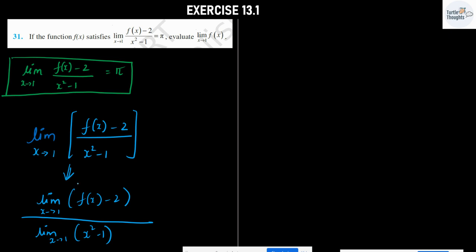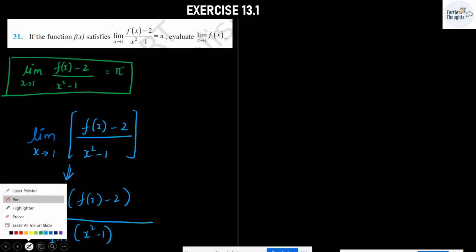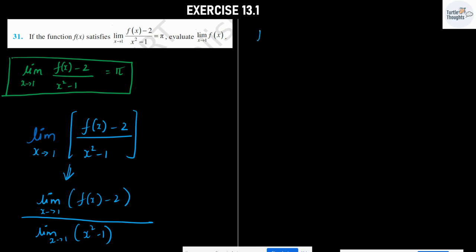Now I'm going to substitute the value. The limit as x tends to 1 of f of x minus 2 divided by the limit of x square minus 1 is equal to pi, which is what is given in the question.